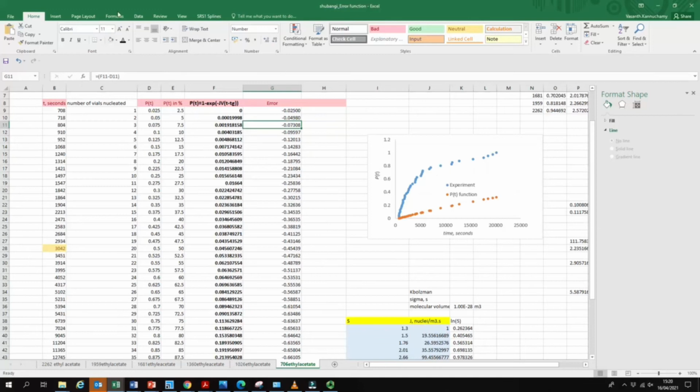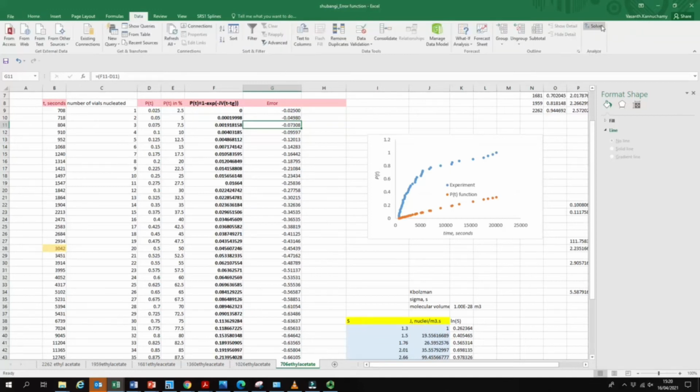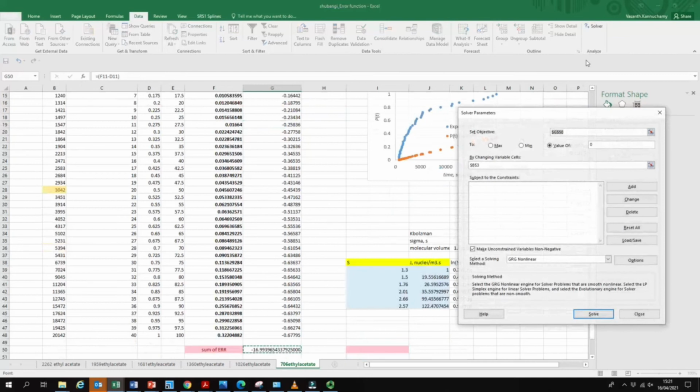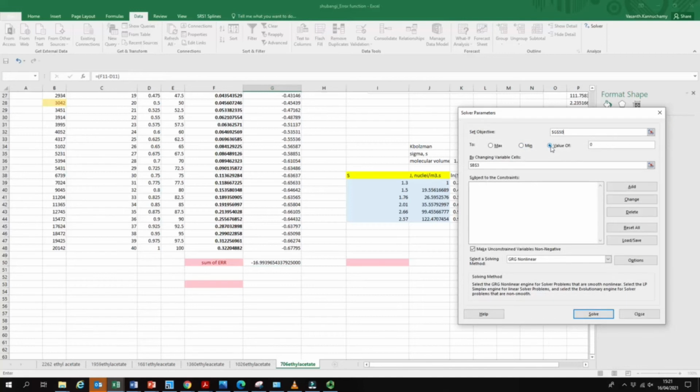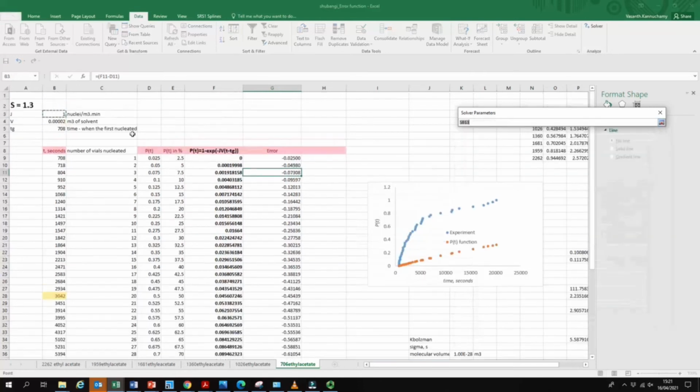How to do that? We have to go to Data, click Solver here, and then click set objective function. Click the mouse there, and then click this value. This is the sum of the errors which we calculated now. Just click it, and then select the value of 0. We are going to do some mathematical iterations, making this value near 0 by changing the j value.